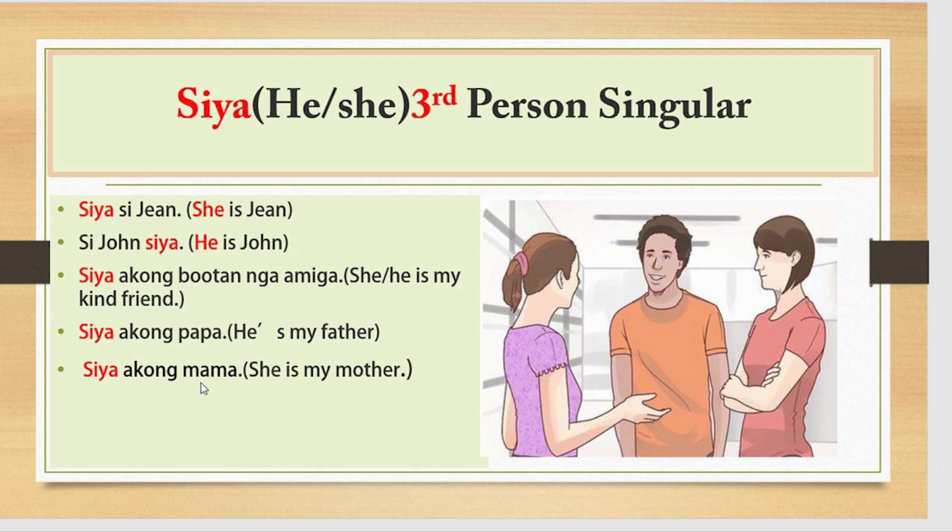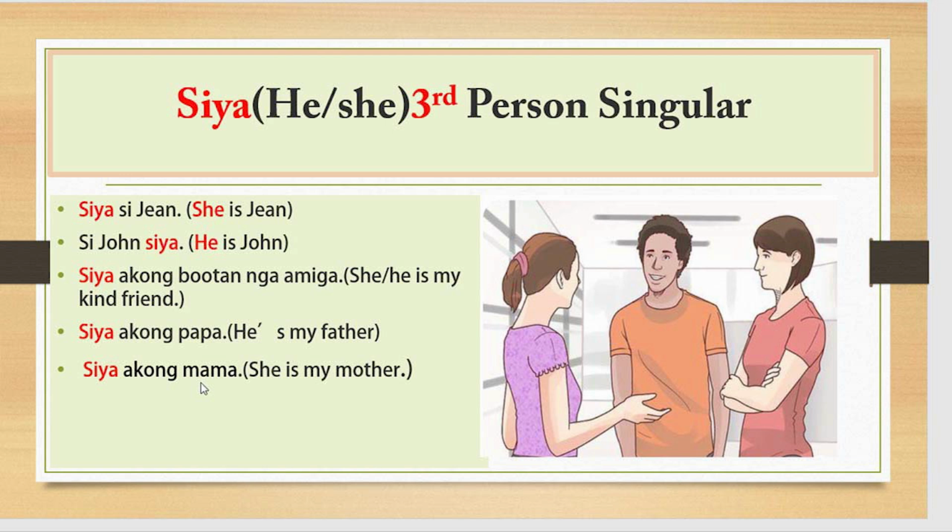So, the gender here is specified as amiga. So, it's she. But if you don't specify the gender, you can use barkada. Barkada is like friend as well, but in general, siya akong buutan nga barkada. So I didn't specify the gender of my friend.